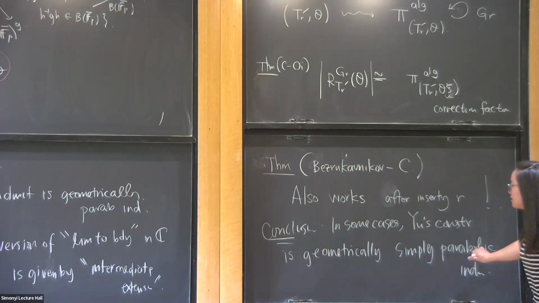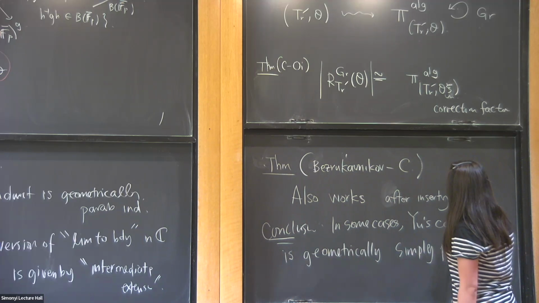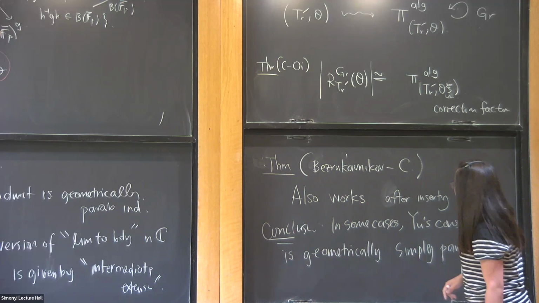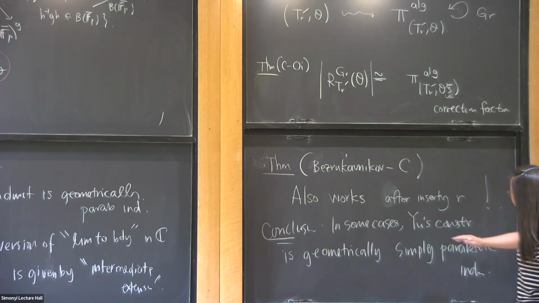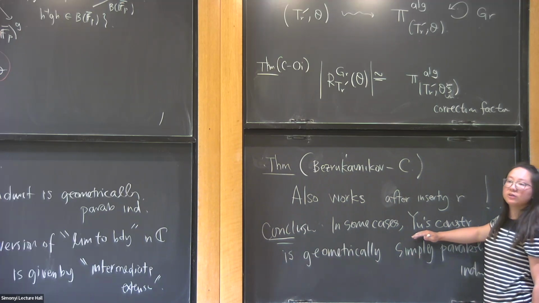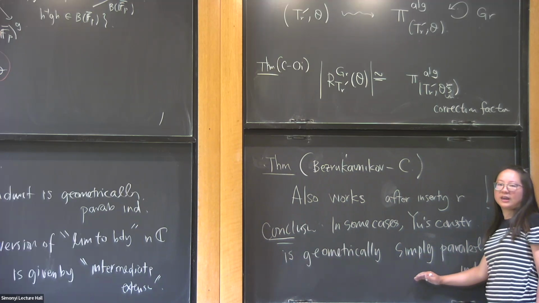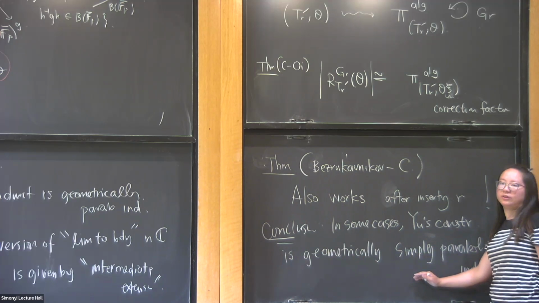This parabolic induction is what we consider the simplest possible thing. The complicated part is in taking its trace of Frobenius. But geometrically, at the level of FP bar, Yu's construction of supercuspidals is giving us the same thing as geometric parabolic induction.